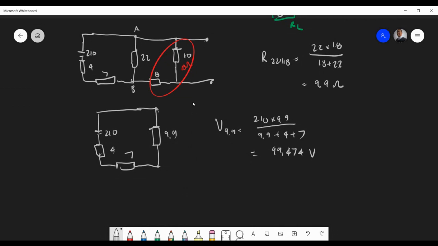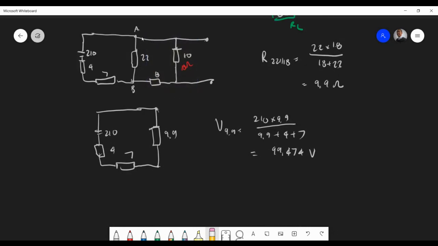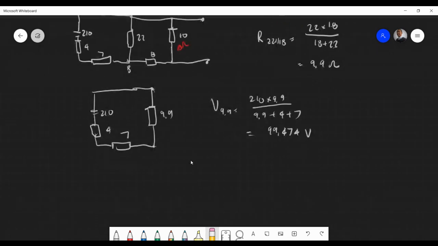I'm just calling this AB, for instance. So we still need to find the voltage over here, right? So I just quickly erase this again. Oh, don't erase it, just click it away. Delete.